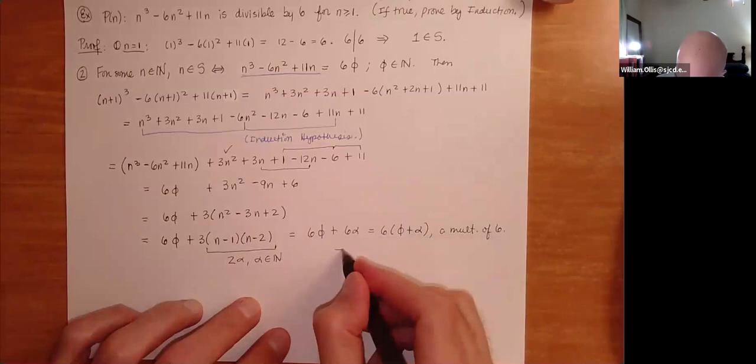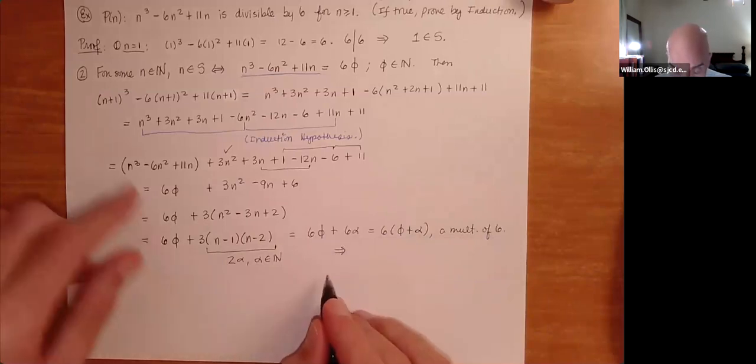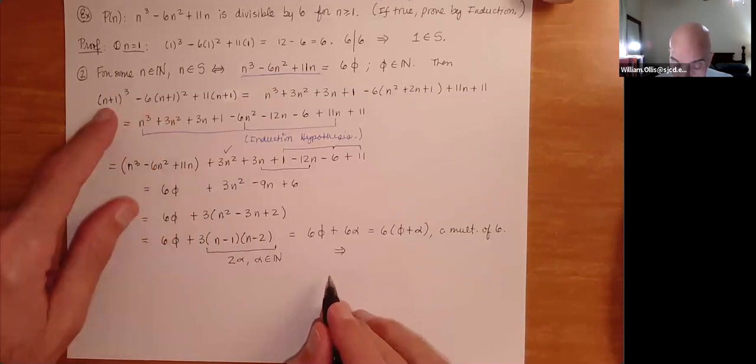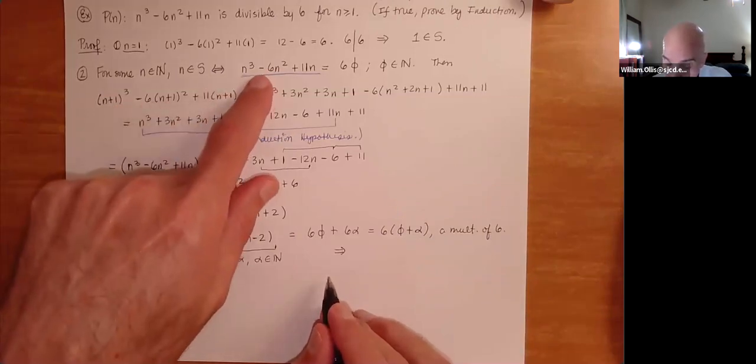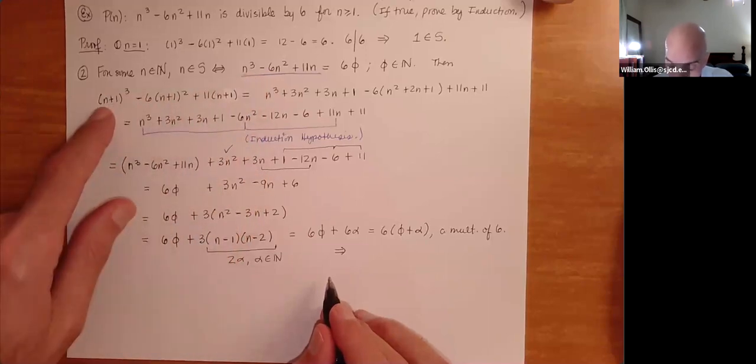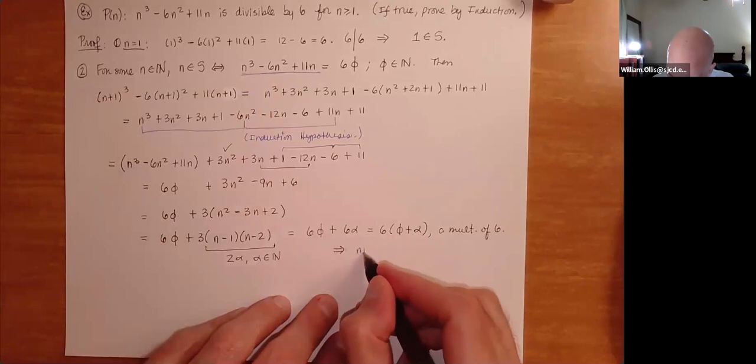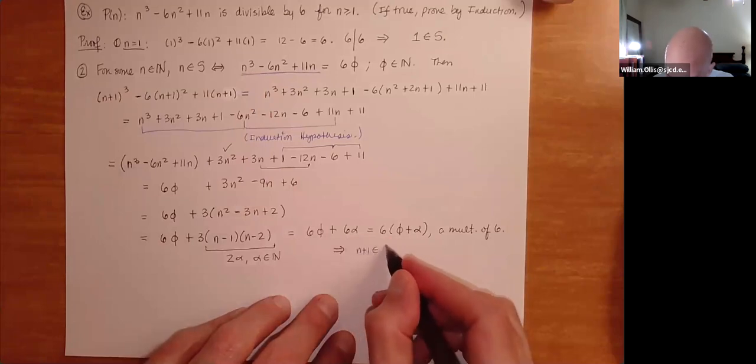So this implies, indeed, that the next expression, the one that includes the consecutive integer n plus 1, is also a multiple of 6. So n plus 1 joins n.